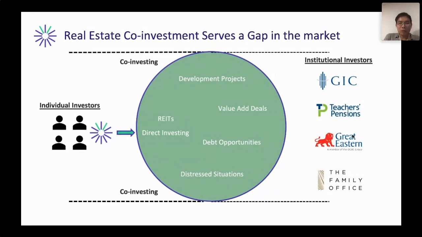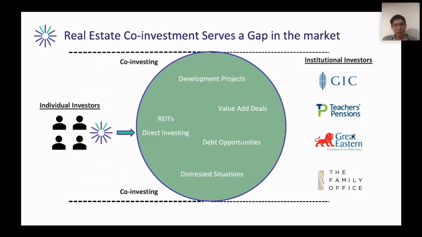Typically, real estate co-investment platforms will also screen these deals, and after vetting them and being assured of the deal merits, or aware of the deal risk, they put them up on their platforms for investment by investors.